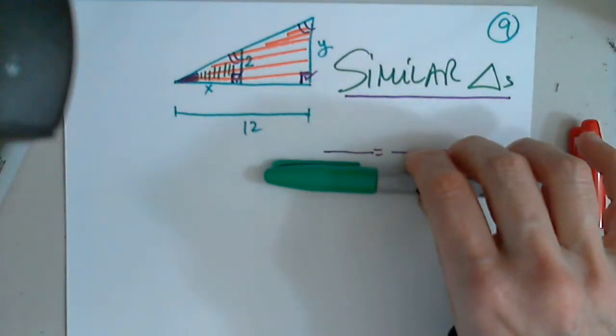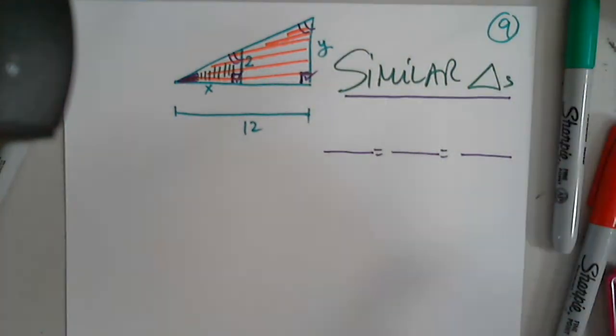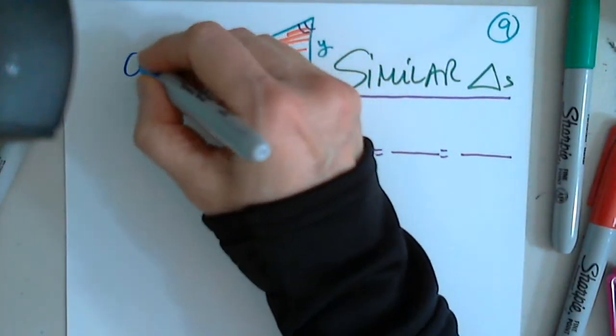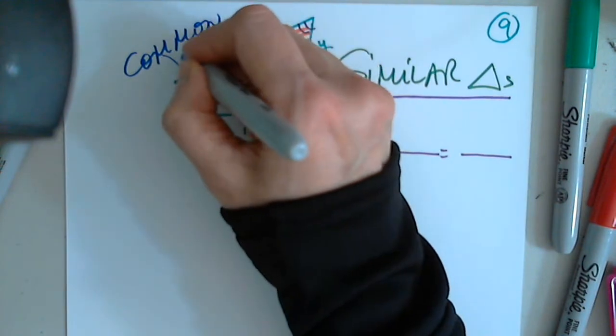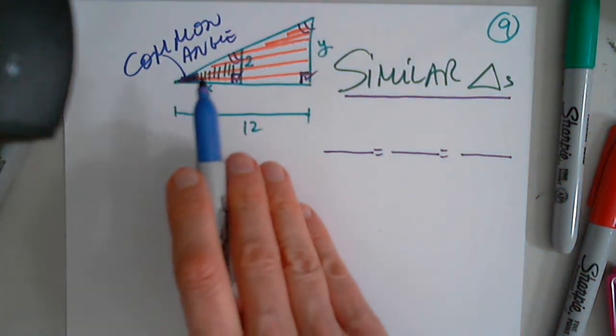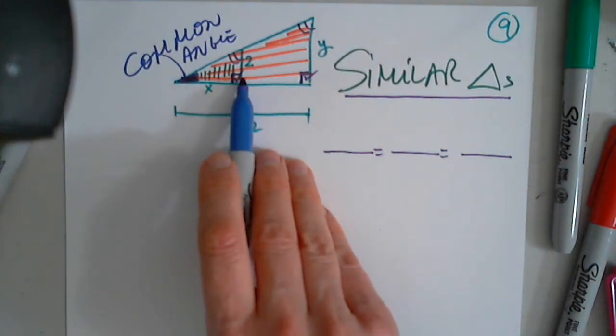All sides at the bottom have to come from the other triangle only. And even those have to be in a particular order. Let's suppose I start with a common angle. So this is a common angle. If I start with a common angle, the opposite side in the small triangle equals what?